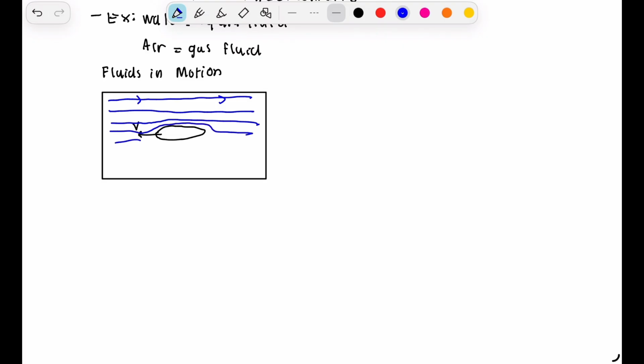It's kind of going to warp around it. And our fluid is heading in a direction, which is why we call it streamline flow.